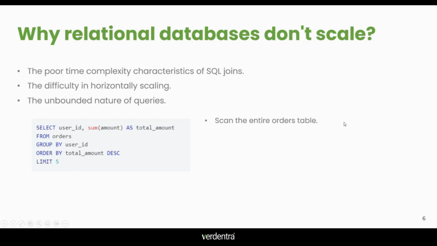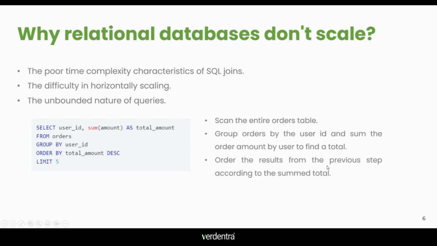Within this query, you have to scan the entire orders table, group the orders by the user ID, and sum the order amount by the user to find the total. Then you have to order the results of the previous step according to the sum total, and return the top 5 results.